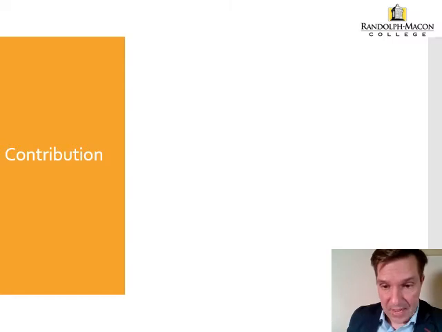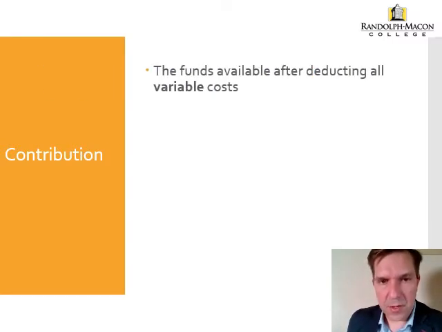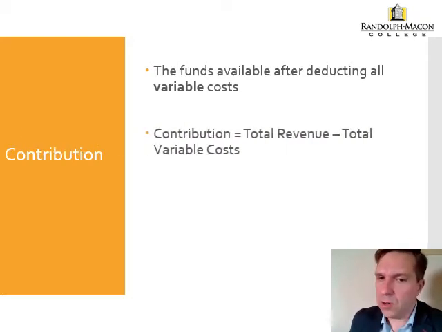Now, another term that you're going to see quite a bit in cases is this idea of contribution, okay? Now, what is contribution? Contribution is whatever is left after you remove the variable cost. So contribution is going to be your total revenue minus only the total variable cost. That means that the fixed cost is not accounted for like it was before.